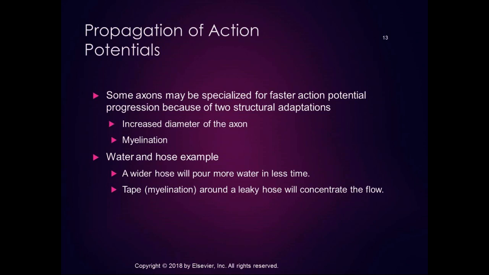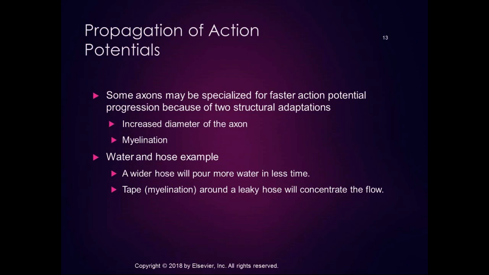Some axons might be specialized for faster action potential progression because of two structural adaptations: increased diameter of the axon or myelination. So the example that they give in the book is the water and hose example. A wider hose will pour more water in less time. So a fire hose is going to pour more water in less time than a garden hose.